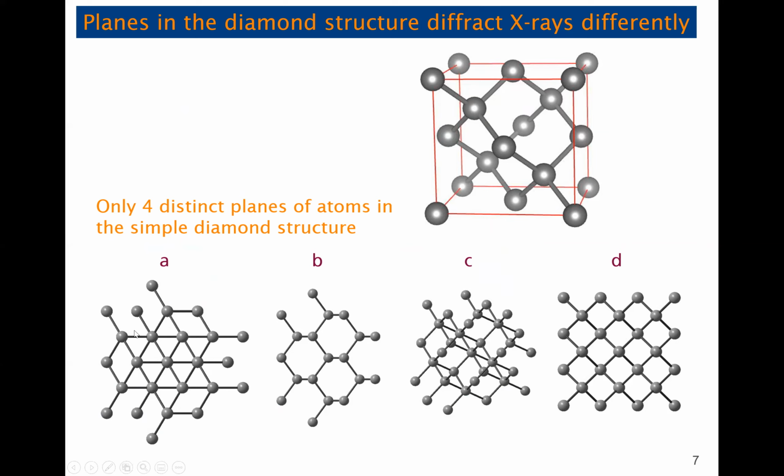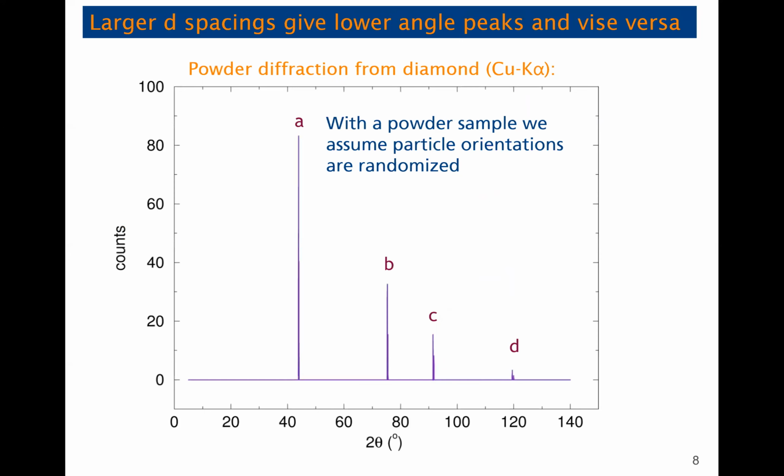Each of these planes is a different spacing apart from each other, which means that from each of these planes of atoms, we get a peak at a different location. So 4 planes for 4 different peaks. And the larger the d spacing is between those planes, the lower angle peaks we see.